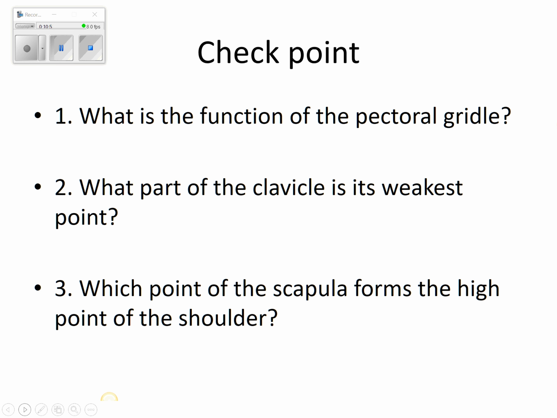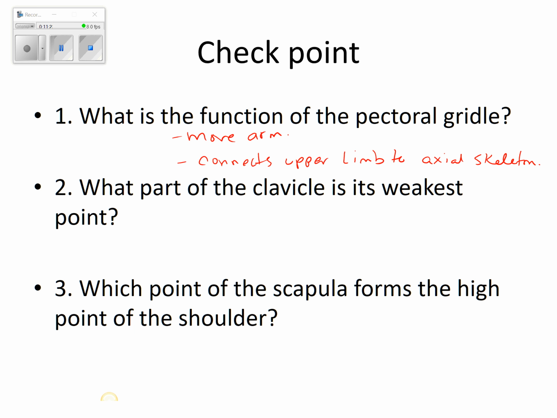So number one, what is the function of the pectoral girdle? That's to move the arm. So the arm has a maximum range of motion. It also is going to connect the upper limb to the axial skeleton.